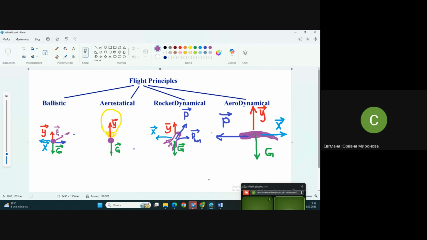Because of this nature of lift, we have a classification of aircraft according to four principles. Ballistic and aerostatical, once again, have no engines. No engines means no renewing of the pushing energy during the flight.